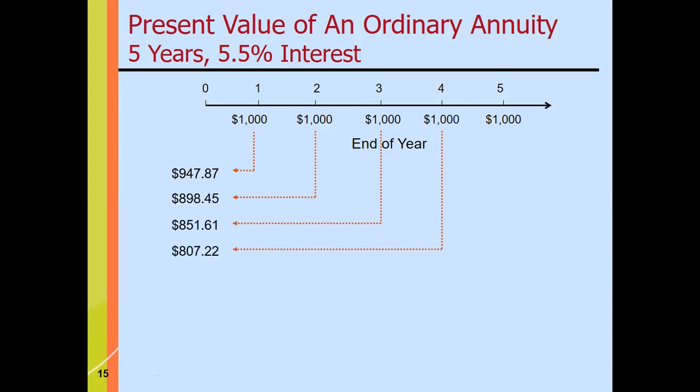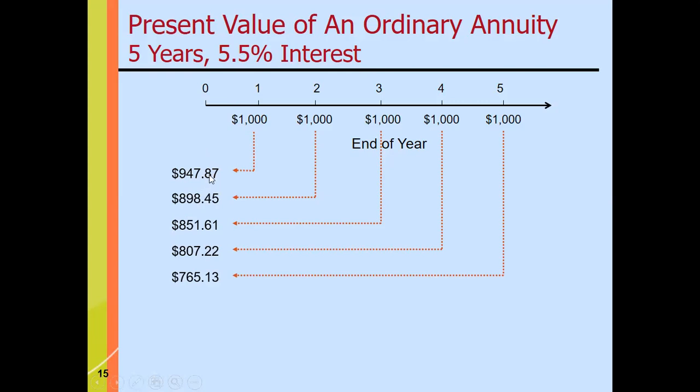Anyway, to continue, for the present value of an ordinary annuity for 5 years at 5.5% interest, just like future value in the last session, we can basically compute. So for time zero, how much is the value of $1,000 at the end of year one, considering 5.5% interest? So this would be the amount.